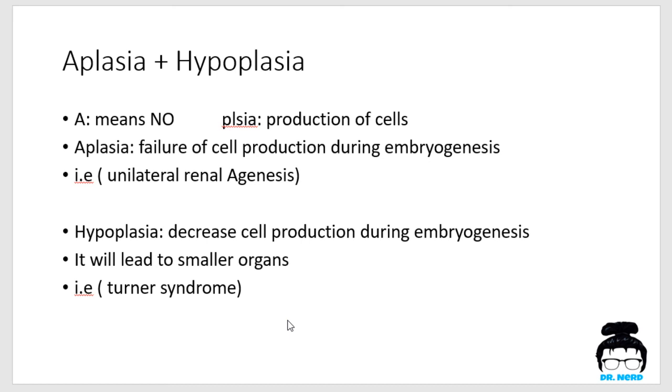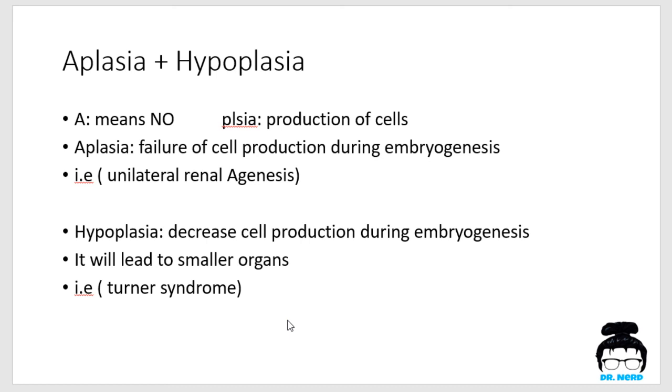Hypoplasia: hypo means less, so decreased cell production during embryogenesis, and this will lead to a smaller organ because we produce fewer cells.